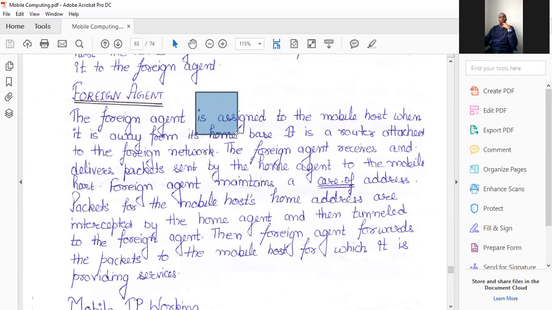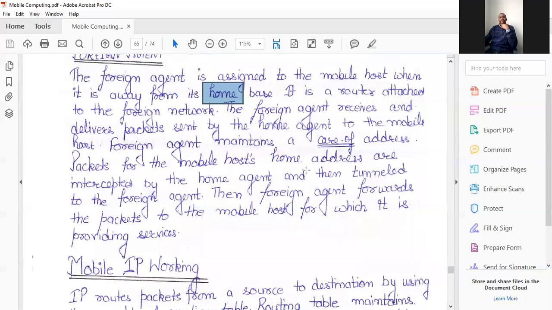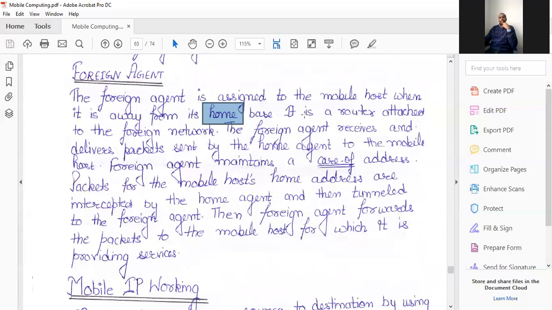Now, what we are calling home here, home is basically the original place where those data packets are coming from, all right? So it sends them from home, and then the foreign agent receives and delivers packets sent by the home agent to the mobile hosts that are in a foreign network.